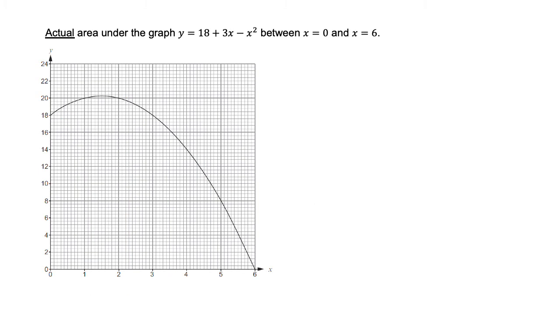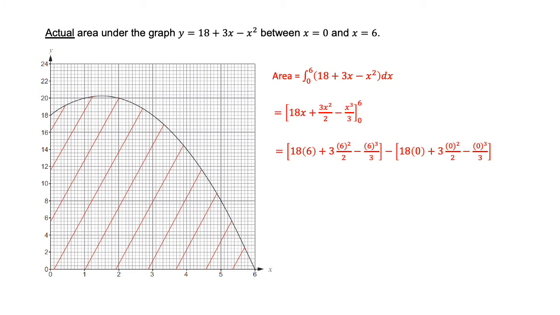So what is the actual area under the graph between x equals 0 to 6? Well, what we do is we use the technique of integration. This is how I write it. If I'm going to integrate the expression 18 plus 3x minus x squared between 0 and 6 with respect to x, the mathematics behind it is what we're going to learn in the next part of the course.